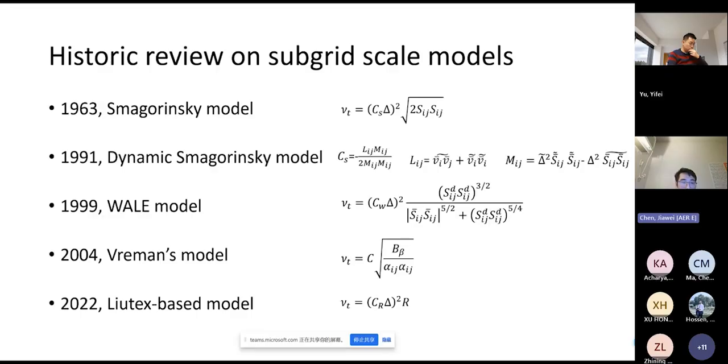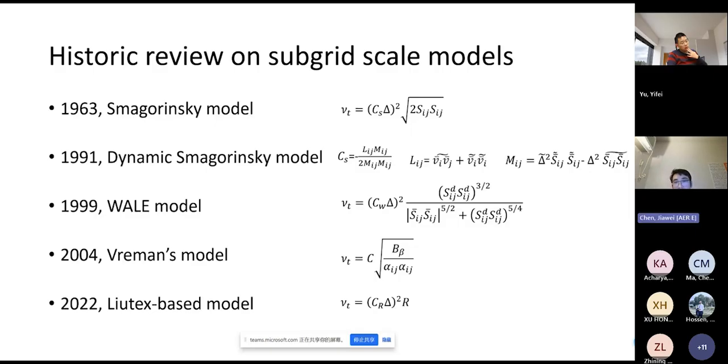Before introducing our model, let's briefly review the evolution of current subgrid models. The first subgrid model was proposed in 1963, and that's the Smagorinsky model.